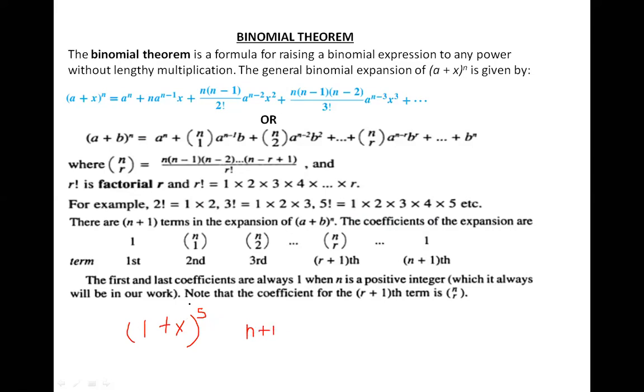So if you've been told to find how many terms are in this expansion, you just say 5 plus 1. So 5 plus 1 is nothing but 6. All right, we proceed. This is what they are trying to explain there. So now I think we can proceed.